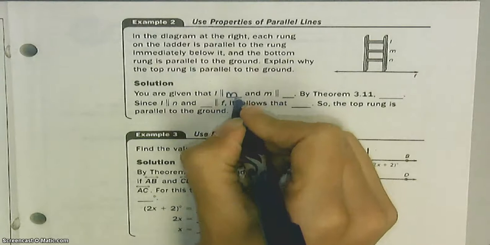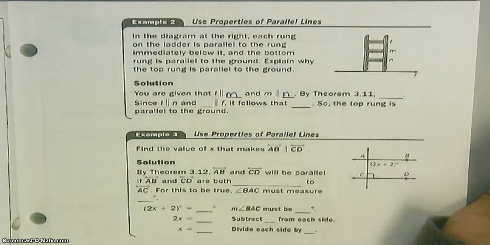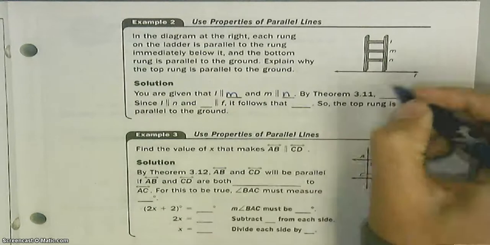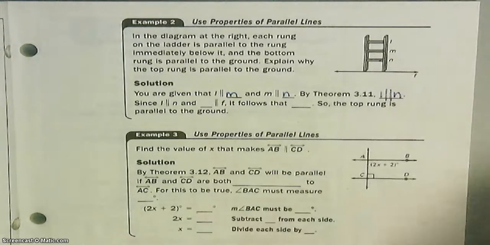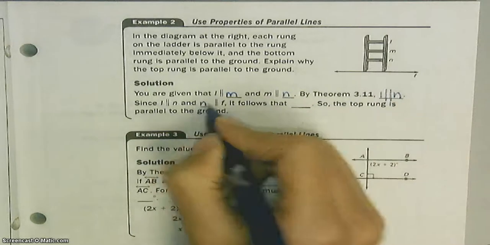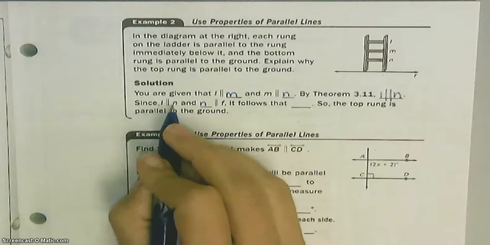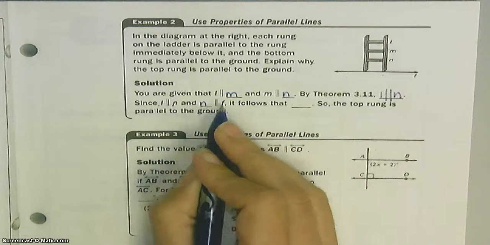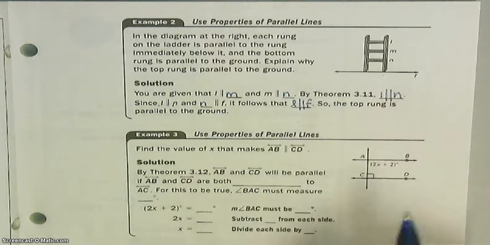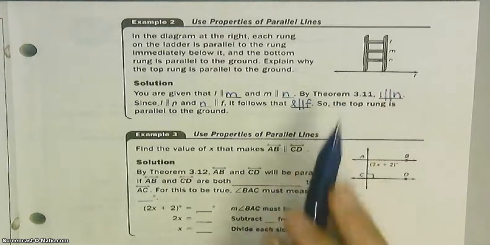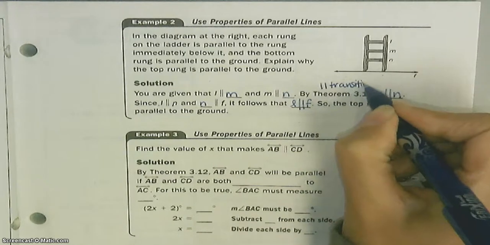Well, we know L and M are parallel, and M and N are parallel, so we can cut out the one that's in the middle, which is M, so L is parallel to N. And we know that N is parallel to F, so we cut out the one in the middle again. L is parallel to N, and N is parallel to F, so L is parallel to F. We use theorem 3.1, which is like the parallel transitive theorem. We're cutting out all those that are in the middle.